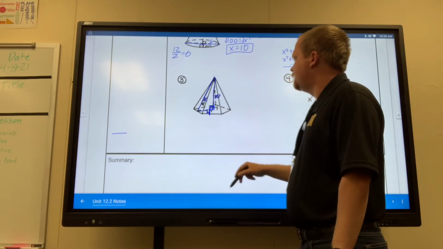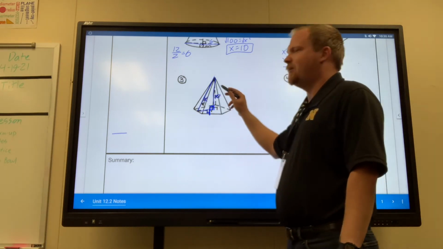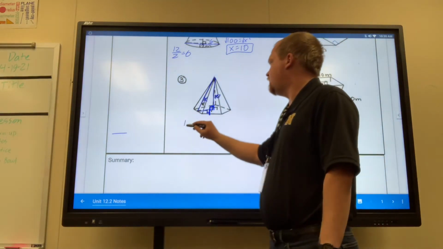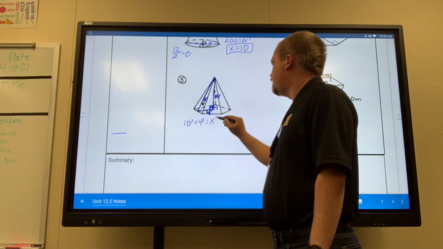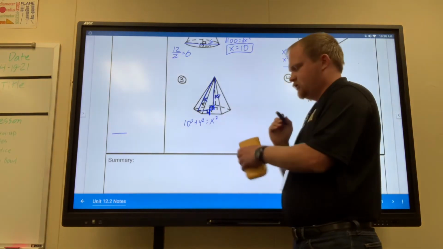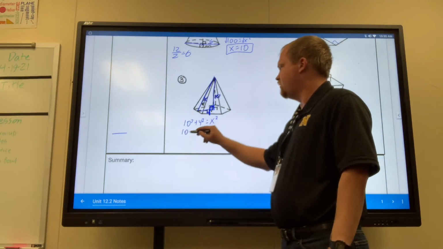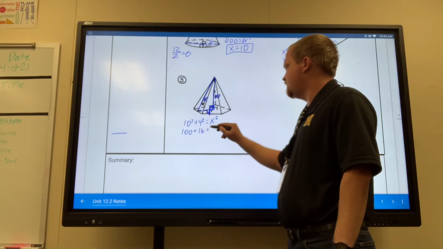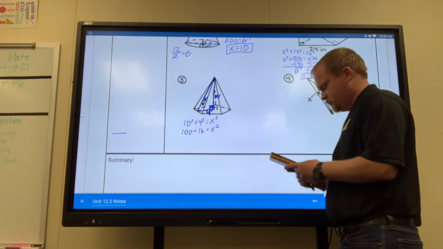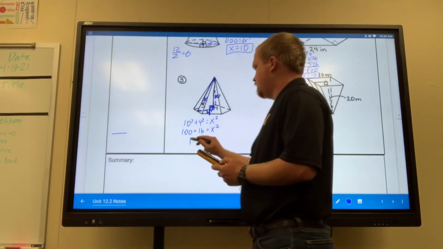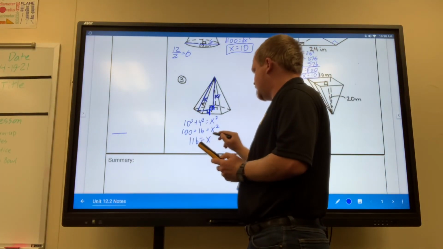My two legs are 10 and 4, so 10 squared gives me 100 plus 16 equals x squared. 100 plus 16 gives me 116.